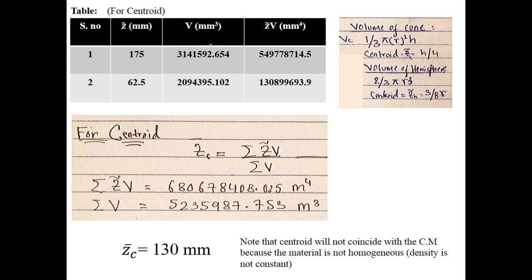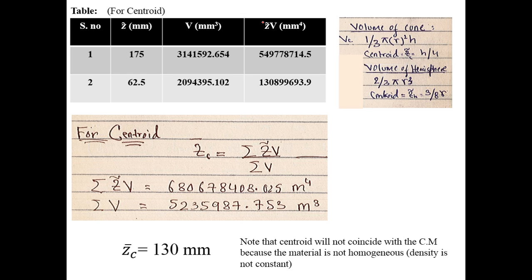So you just have to put that value here, and this time you have to calculate the product z tilde into v. Previously we calculated z tilde into m because we were trying to calculate center of mass. Now we are trying to calculate centroid, which is the geometric center of the volume of this body.